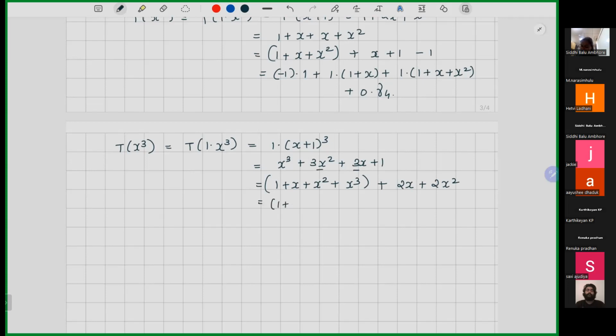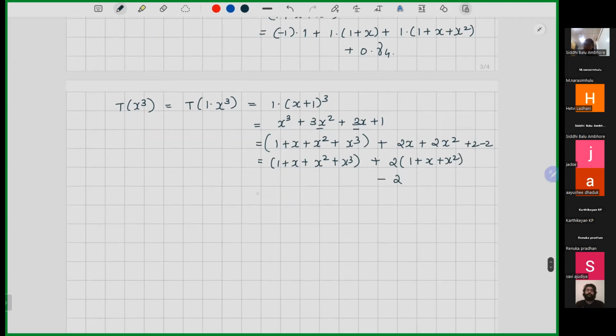So I get 1 plus x square plus x cube plus 2x square, and now minus 2. So this is minus 2 into 1, plus 0 into 1 plus x, plus 2 into 1 plus x square, plus 1 into 1 plus x square plus x cube.